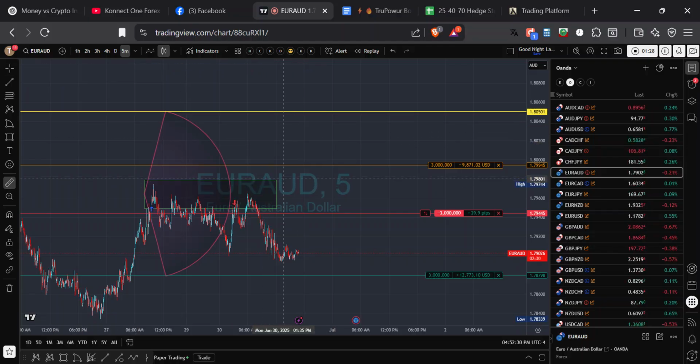When price comes to this point, typically around here, this is where the turnaround can happen. But once it goes beyond 50, it's going to come up to here and hit SL. So SL is now going to be moved down to 50 points. It's going to be moved here.